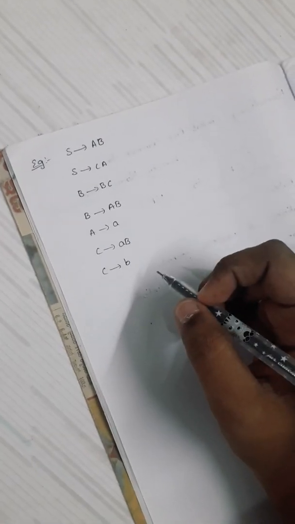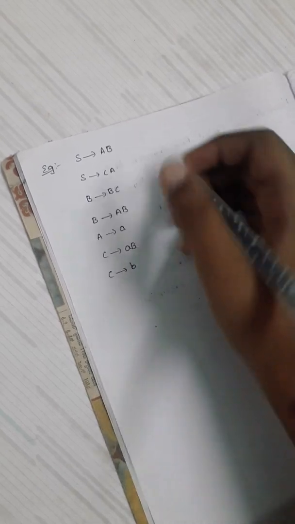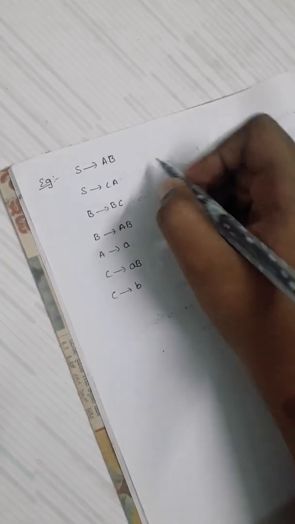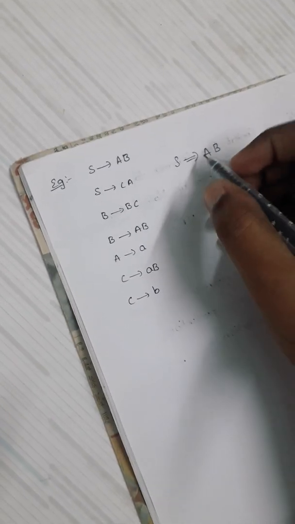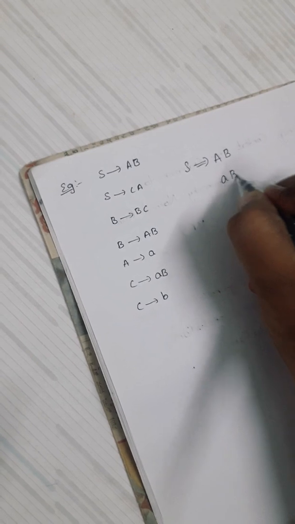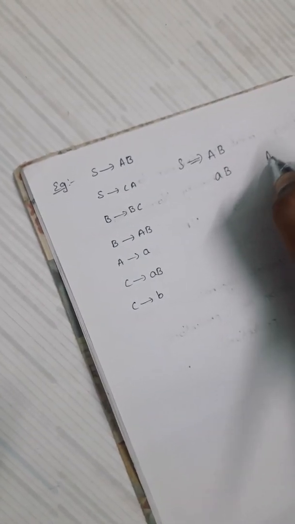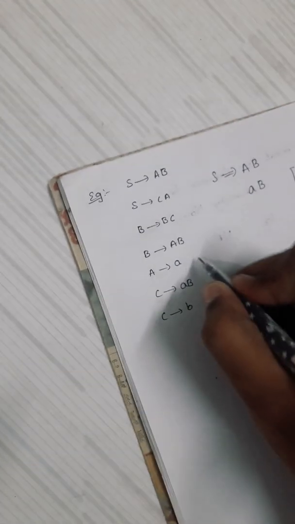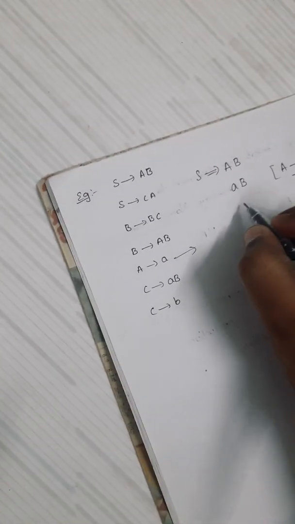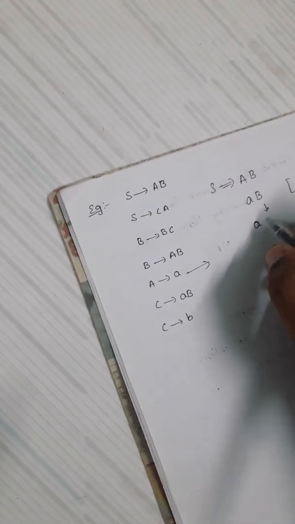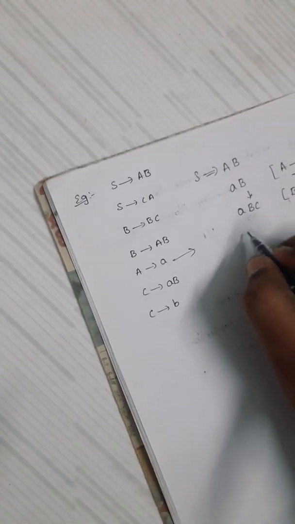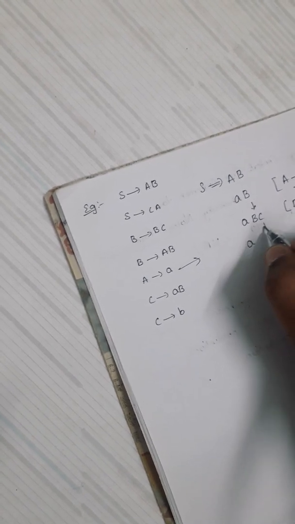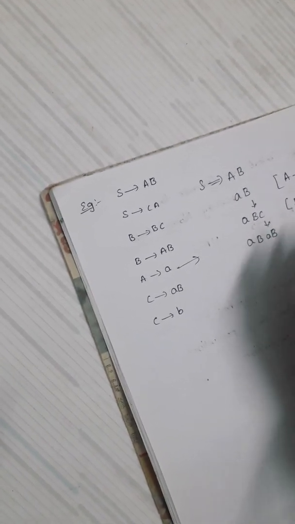Considering some examples, I'm just taking this example to show how to convert to Chomsky normal form. So firstly we need to take the example. Then again B tends to BC because of this. Then C tends to AB.